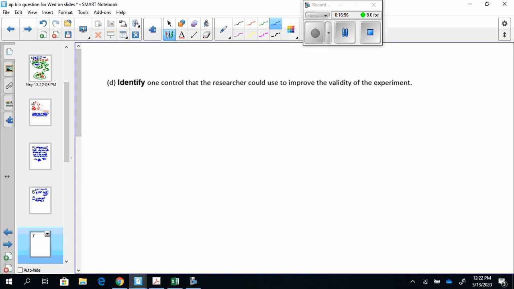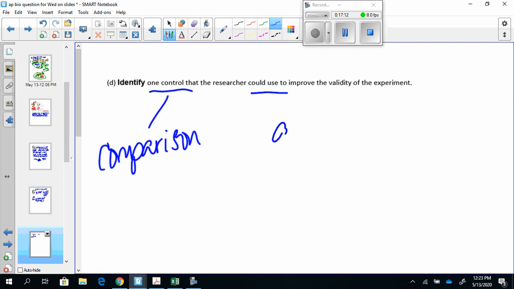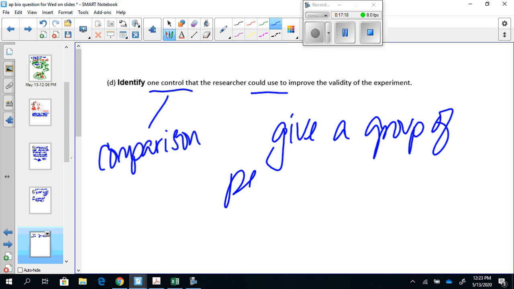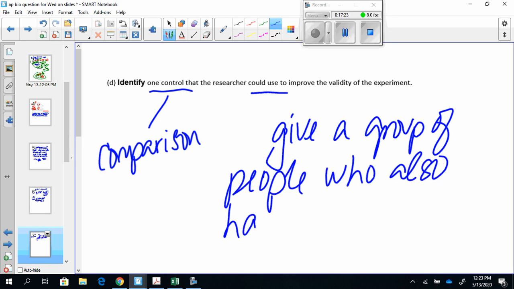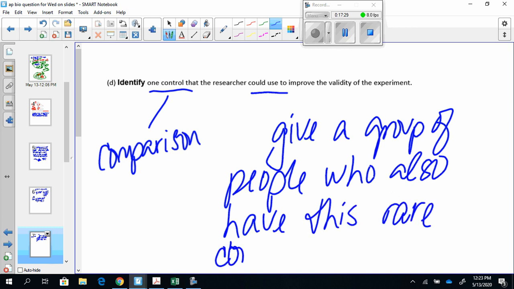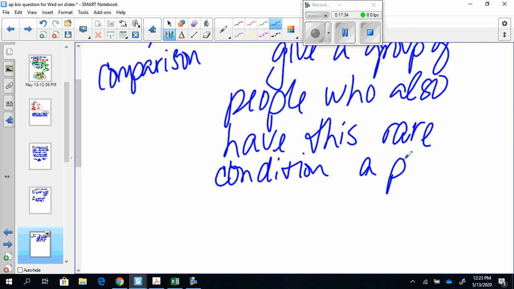All right, identify one control that the researcher could use to improve the validity of the experiment. All they showed was giving it a vitamin. A control, you want to have that be something that you can use as a comparison. So I want to give a group of people who also have this strange disorder, this rare condition, a placebo. I don't want to give them the vitamin.